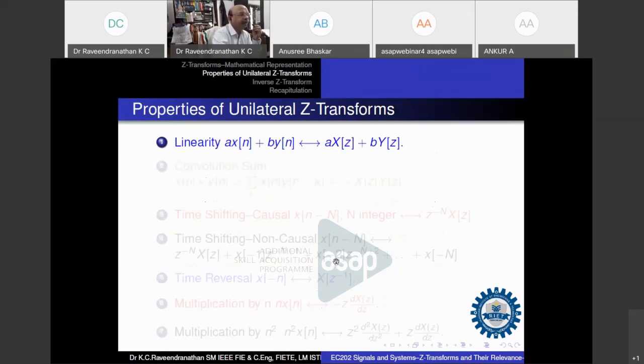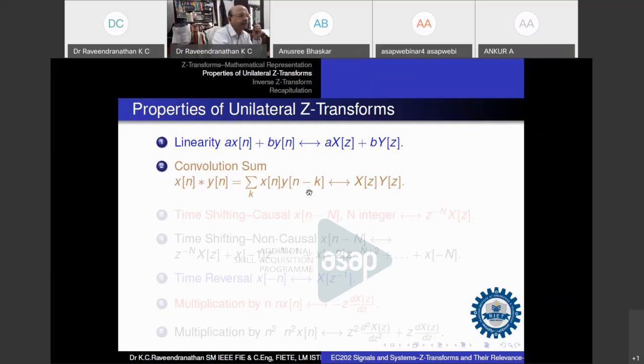And we'll look into some of the interesting properties of unilateral Z transforms, starting with linearity. That means if two functions are scaled and summed, you will get the same functions scaled by values a and b, right? Two functions, x of n and y of n, will generate a X of z plus b Y of z.